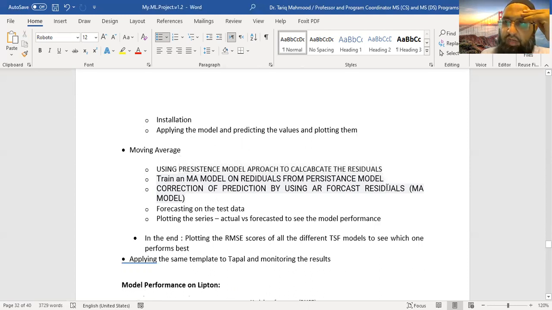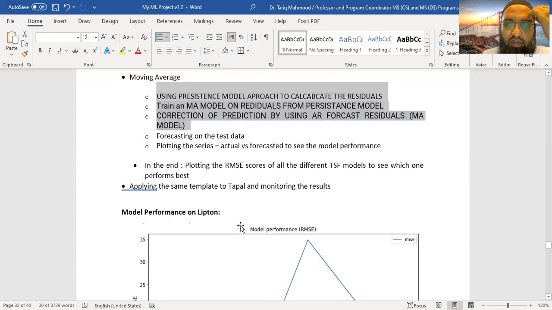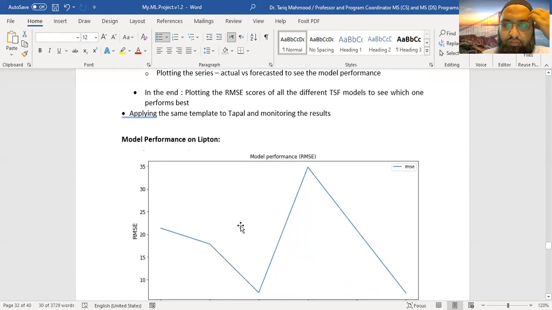We can use that to calibrate the residuals of the time series, and then we train the moving average model on these residuals from the persistence model. Then we can correct the prediction by using the autoregressive forecast residuals from the MA model. So that seems to be the normal way of using this moving average model. And then obviously we can plot the RMSE scores.